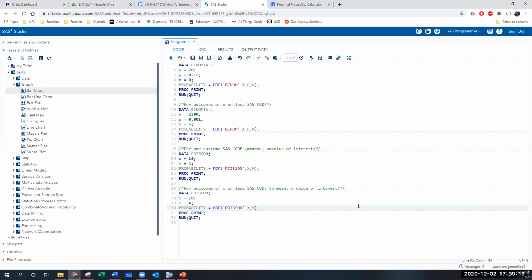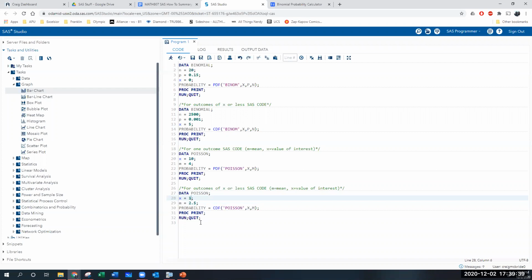It's just text notes. So again, for part C, we want the probability that it's greater than 5, right? So we have to do a CDF, and then we have to do 1 minus the CDF. The mean we just calculated was 2.5, and then the X value, we want to be greater than 5.